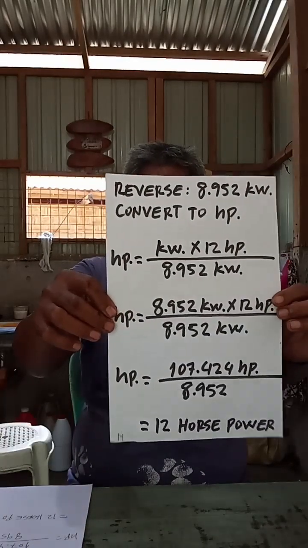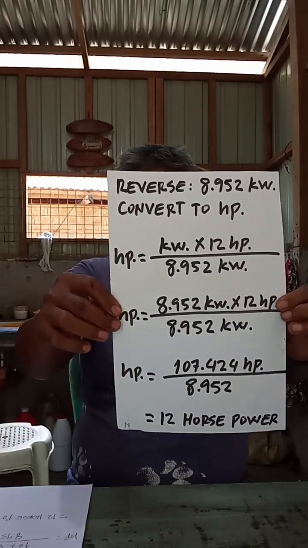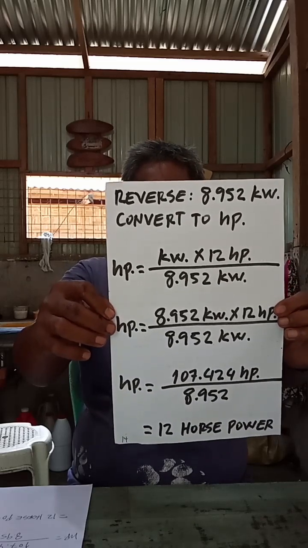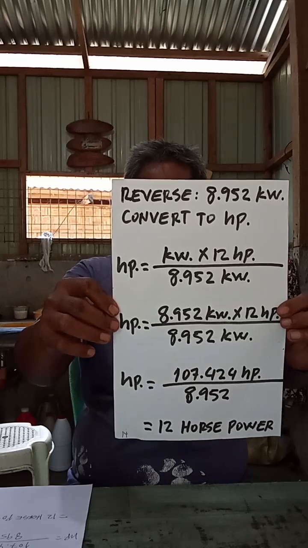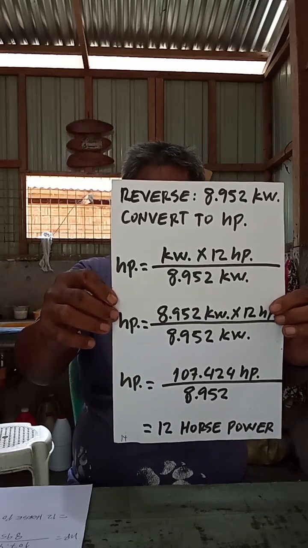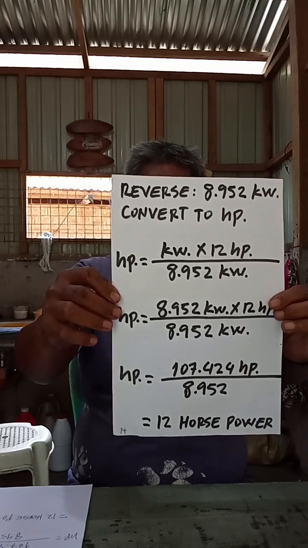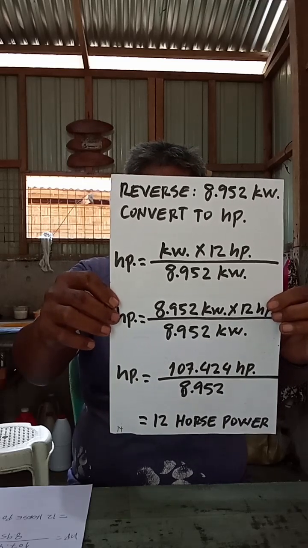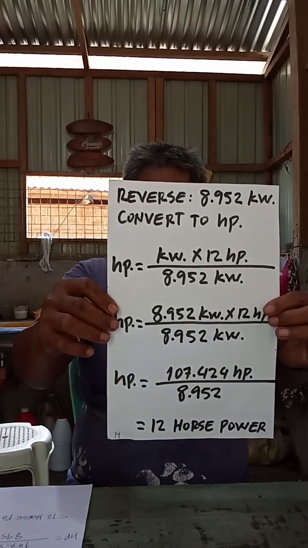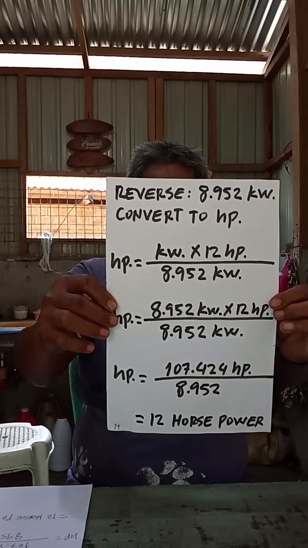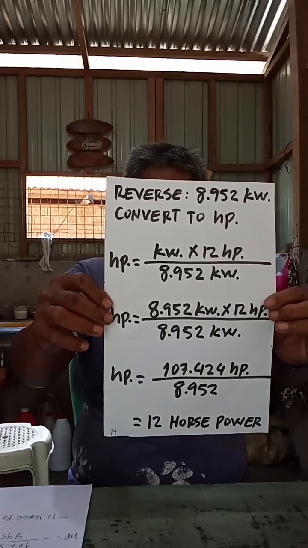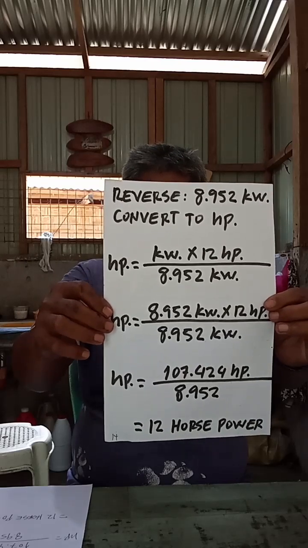So reverse equation, checking. 8.952 kilowatt convert to horsepower. To find horsepower is kilowatt times 12 horsepower over 8.952 kilowatt. So baba, horsepower, 8.952 kilowatt times 12 horsepower over 8.952 kilowatt. So, kilowatt over kilowatt, so cancel at maiwan ang horsepower.